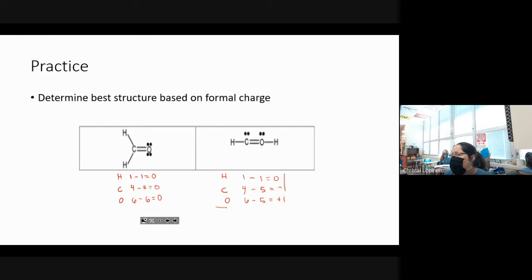Now, the overall charge or formal charge on this molecule is what? 0. Okay? 0 plus -1 plus 1 is 0. So that checks out, but we don't want this guy. Okay? Makes sense why?